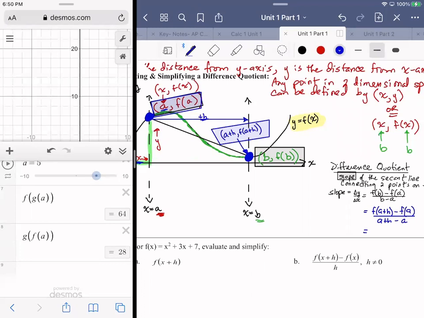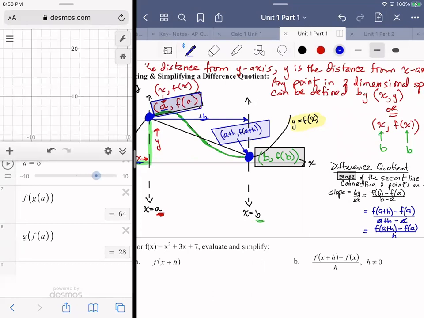And then on the bottom, you have a and negative a, so they'd cancel away. So you'd have f of a plus h minus f of a, all over h.